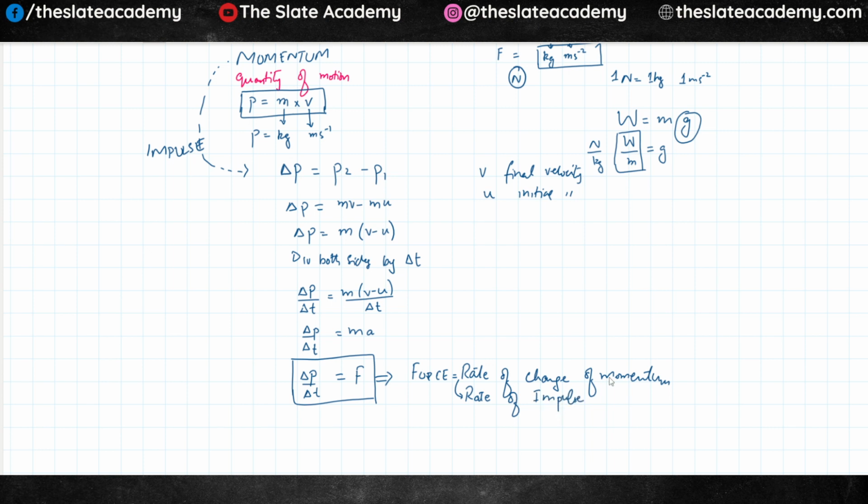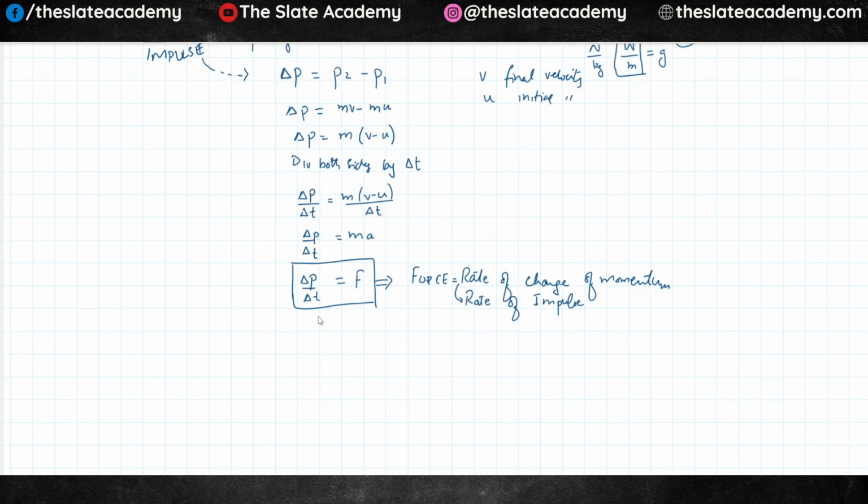Okay. And now if I further rearrange this formula, I get delta P is equal to force multiplied by time. So that means the impulse, which is change of momentum, can be calculated two ways. Either I do P2 minus P1 or delta P, or I do force multiplied by time.